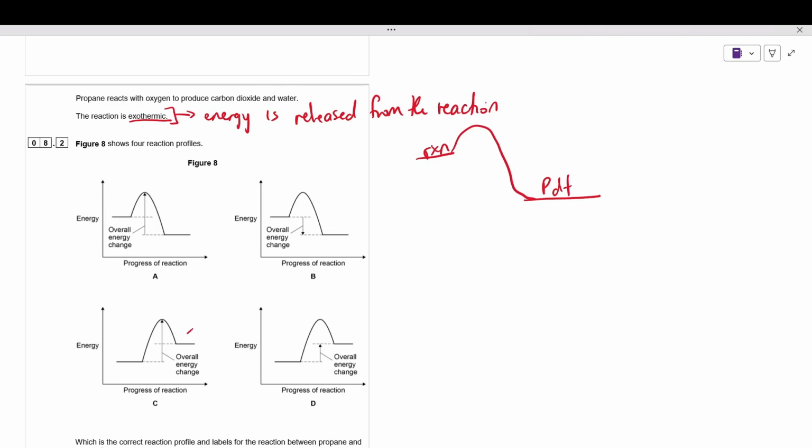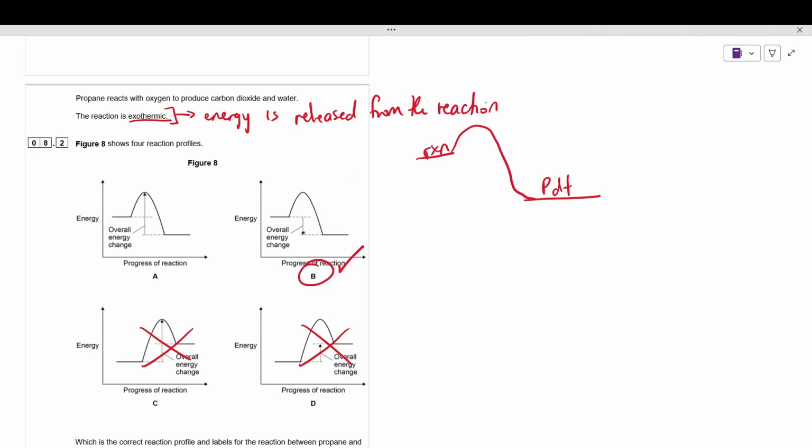So we can eliminate these. These have products that have more energy, and that can't happen if we're releasing it. Now we're going to look at these two to figure out which it is. We have the overall energy change from the product to the peak. That's dodgy. So we know answer B is the correct answer, where we have that energy change pointing from reactant to the product.